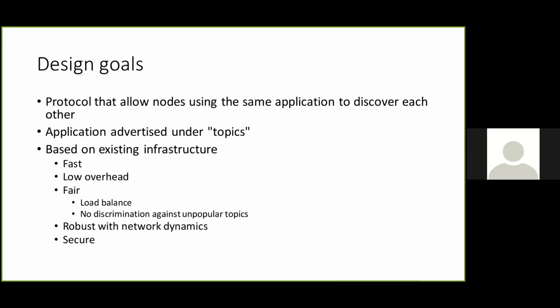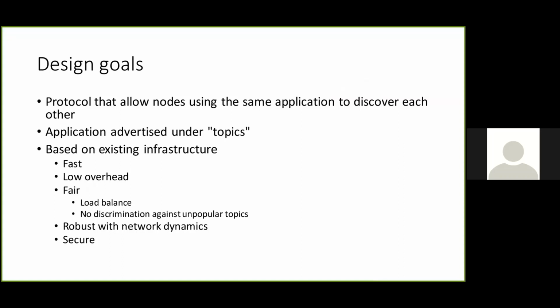Okay, so let's go. Let's introduce Discv5. So as I said before, we wanted to build this registry that will allow us to discover peers supporting the same application. The application will be advertised under topics. So I'll use in the talk a term topic, but basically it means an application.